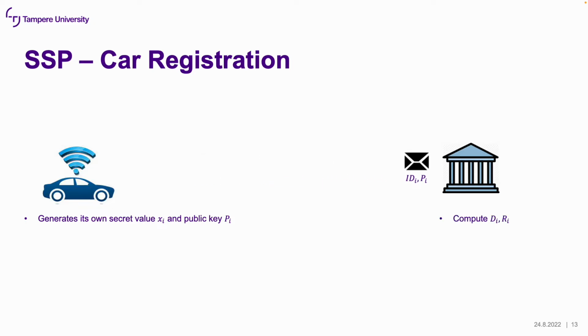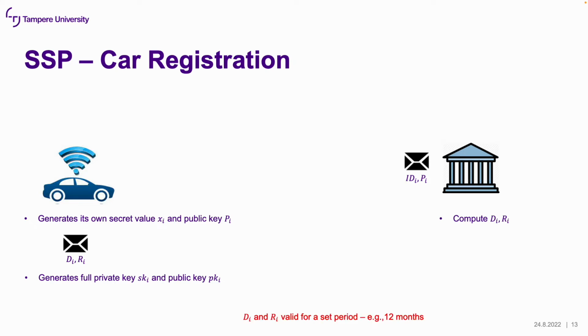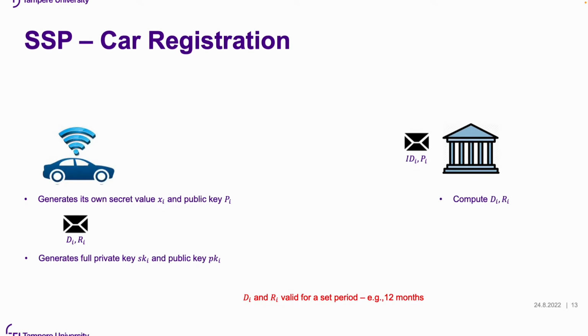Upon receipt, the key generation center computes the partial private key and partial public key, and sends these back to the car, or the IoT device on the car. Upon receipt, the IoT device is able to generate its full private and public key. Note that the full private and public key and the partial private and public key are valid for a set period of time. Let's say, for example, 12 months in this instance.